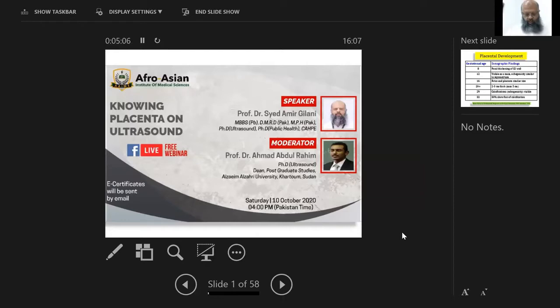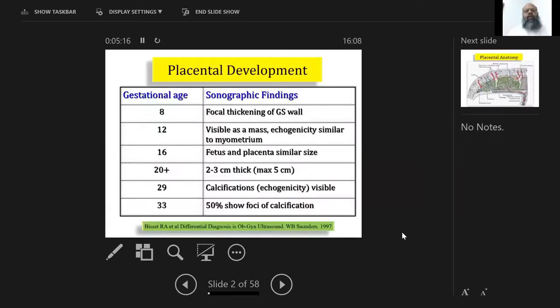So we will talk about some important things along with basics of sonography of placenta. If we look at the development of placenta, we will come to know that the sonographic appearance at different gestational age varies.